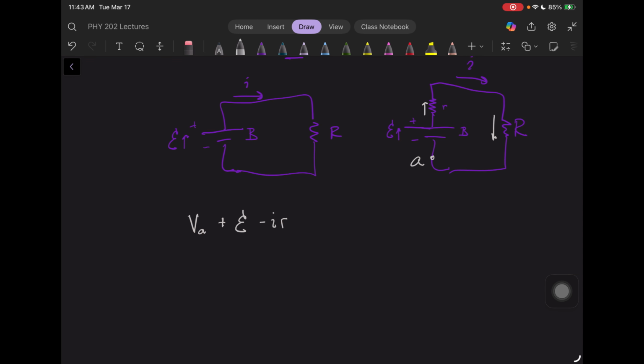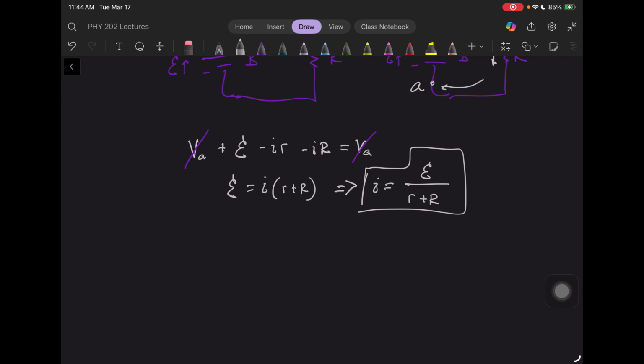We get over to here where we go minus I capital R, and then we get back to VA. These VAs cancel. What are we trying to solve for? Current, of course. So we can say E is equal to I times (R plus r), or I is equal to E over (R plus r).